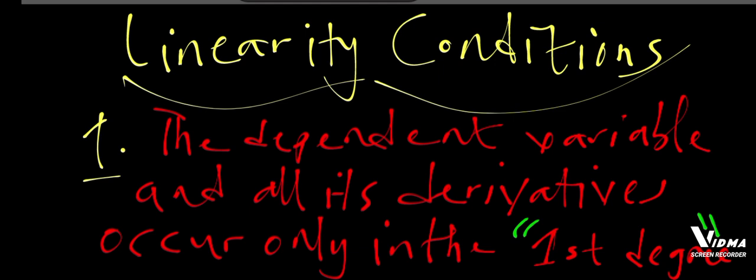So the first linearity condition is that the dependent variable and all its derivatives occur only in the first degree.